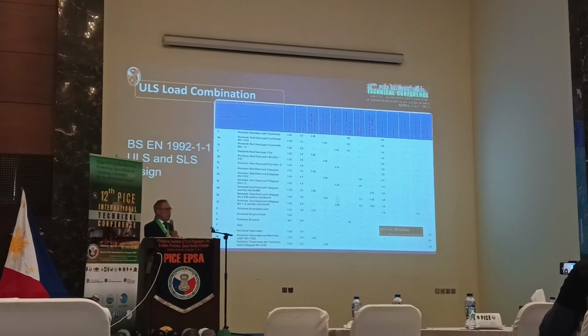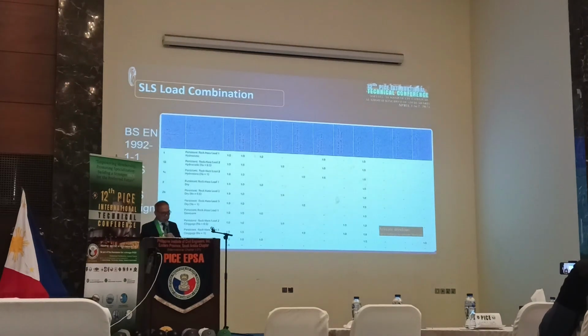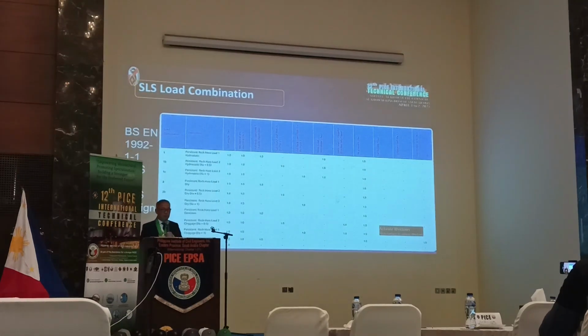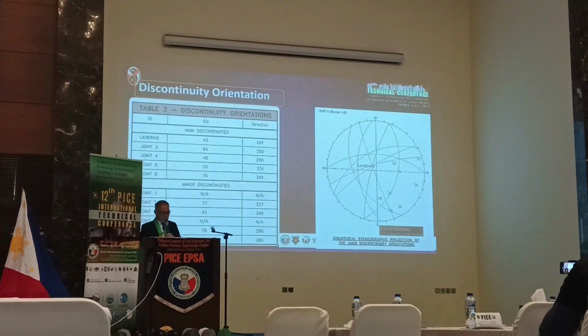Just like when you carry out building structural design, you do a combination of loading. And this is the serviceability limit state load combination. As you can see, all of them have a factor of 1. This is based on BS EN 1992.